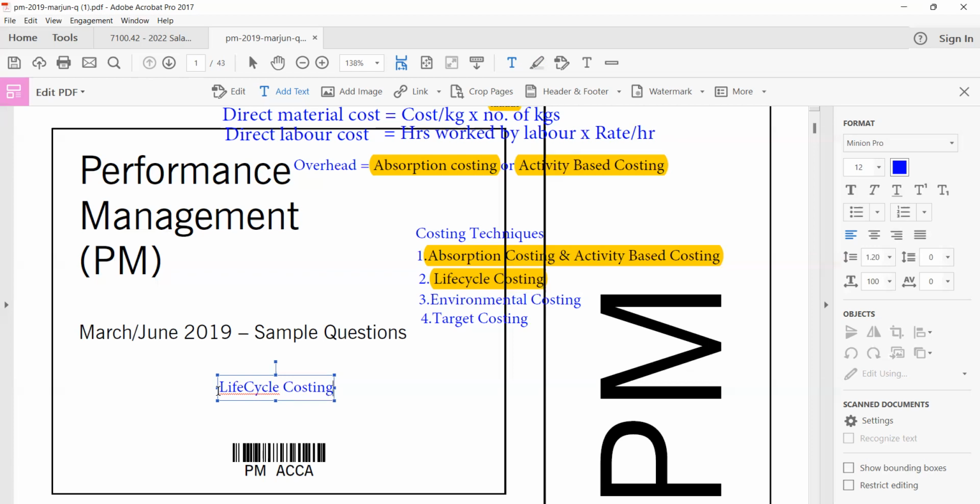Life cycle costing. When we come to target costing, here we are looking at it from the point of achieving quality, where we do not want the customer to overpay. So what we do is that we first of all look at it from the external point of view. Consider the ideas of the external users and try to come to the in-house, the production side, and produce or mimic what the customers have actually talked about.